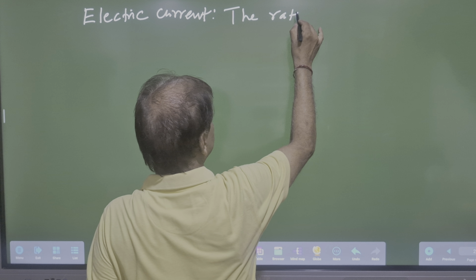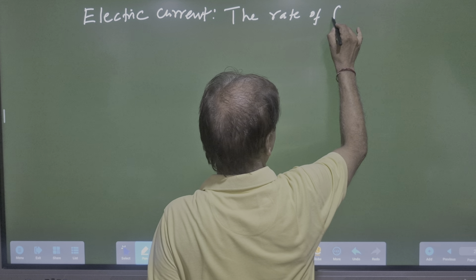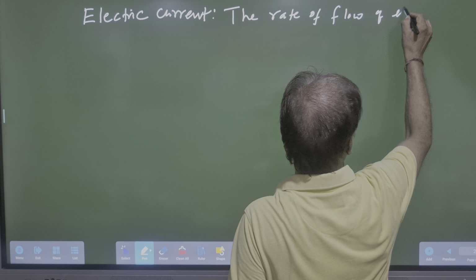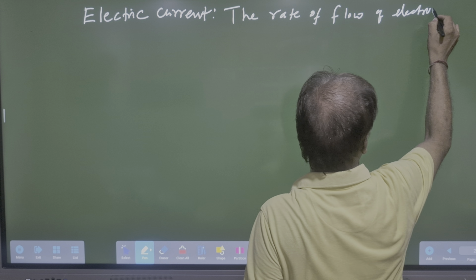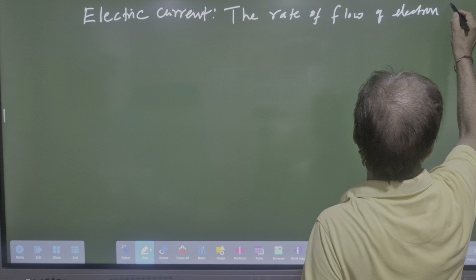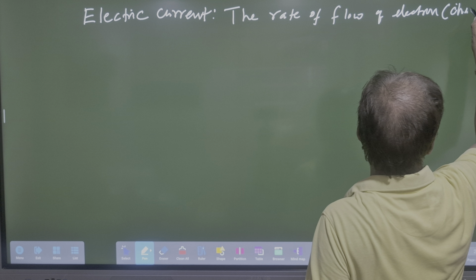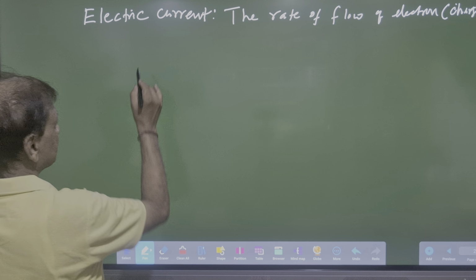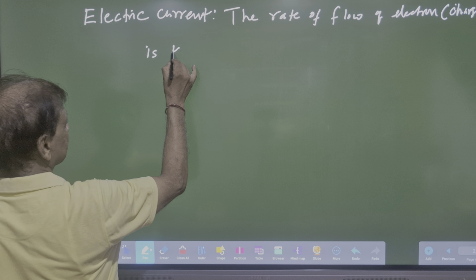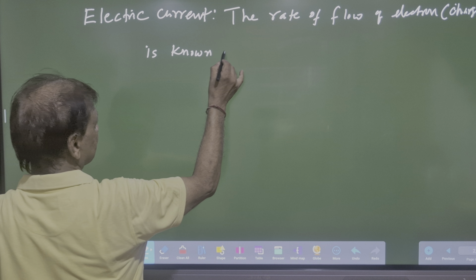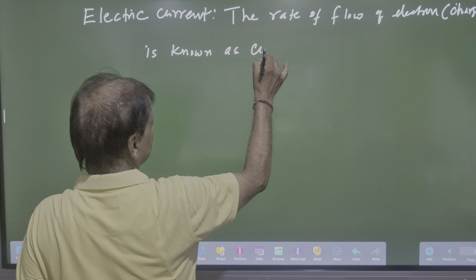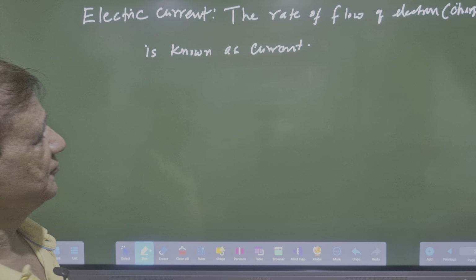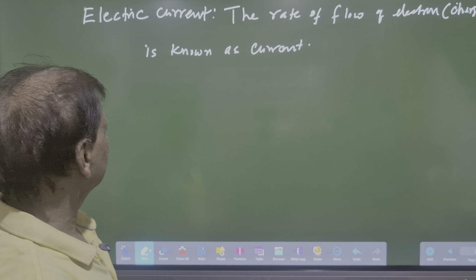The rate of flow of electrons or charge is known as current. Rate of flow of charge or electron is known as current.